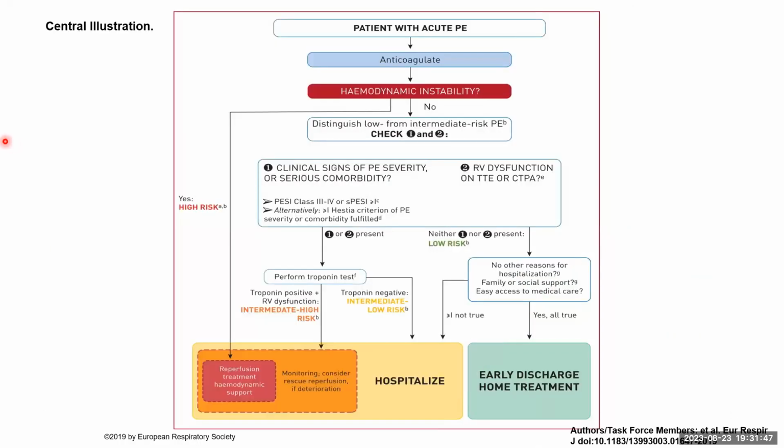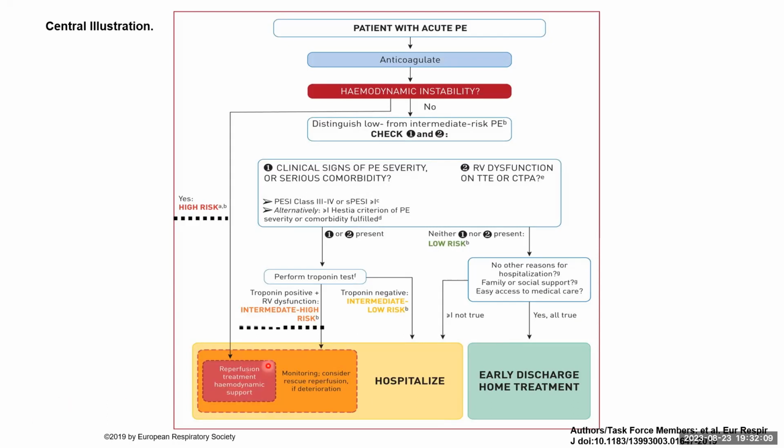So now that was about hemodynamic instability we had talked about. What about patients with acute PE in general? Once you suspect PE in general, anticoagulate the patient. And if there's hemodynamic instability, that is high risk, you go on to reperfusion treatment with hemodynamic support.